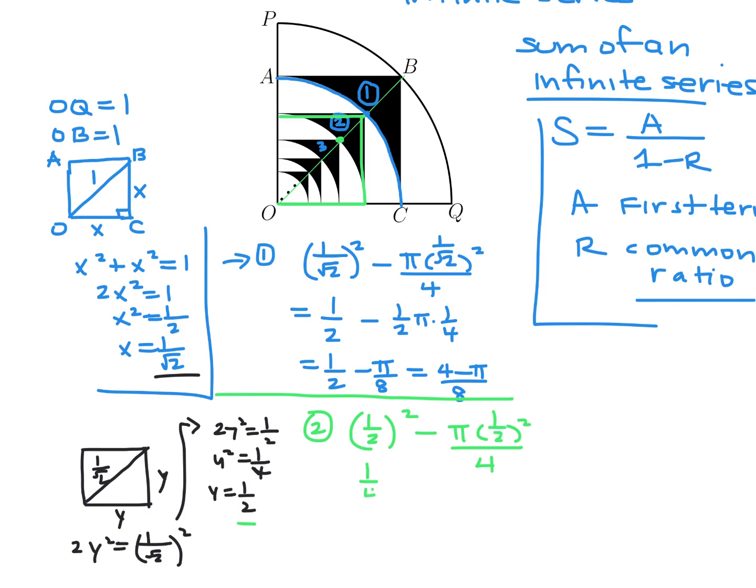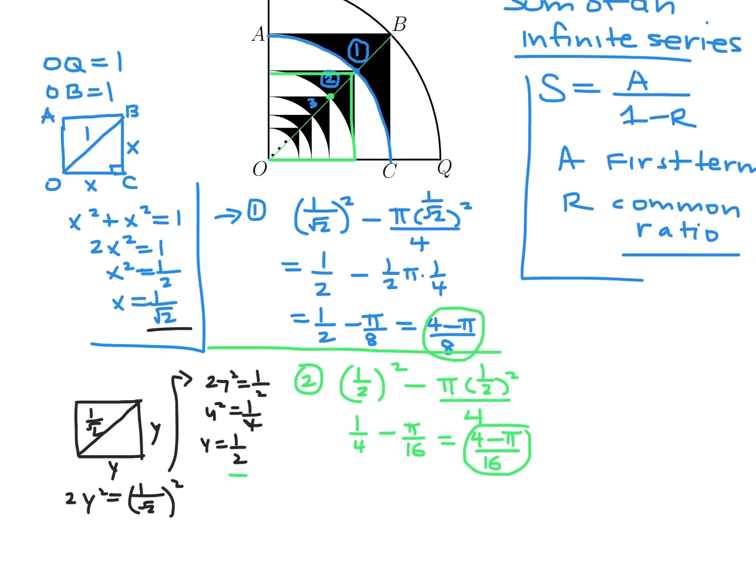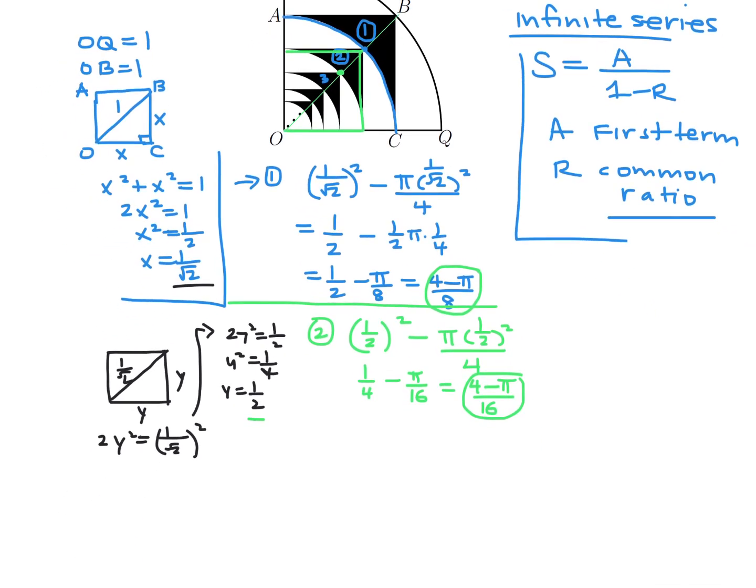So this is a quarter minus 1/4 times a quarter, pi over 16. So 1/4 minus pi over 16 is 4 minus pi over 16. And this was 4 minus pi over 8. Okay, looks very promising. But I'm going to do one more just to be sure. Just one more, and that would be this 3 here.